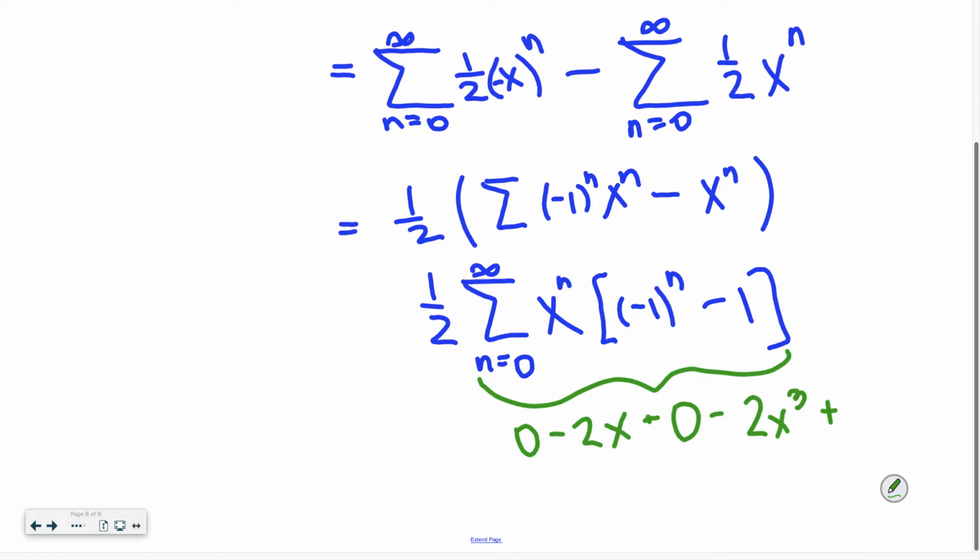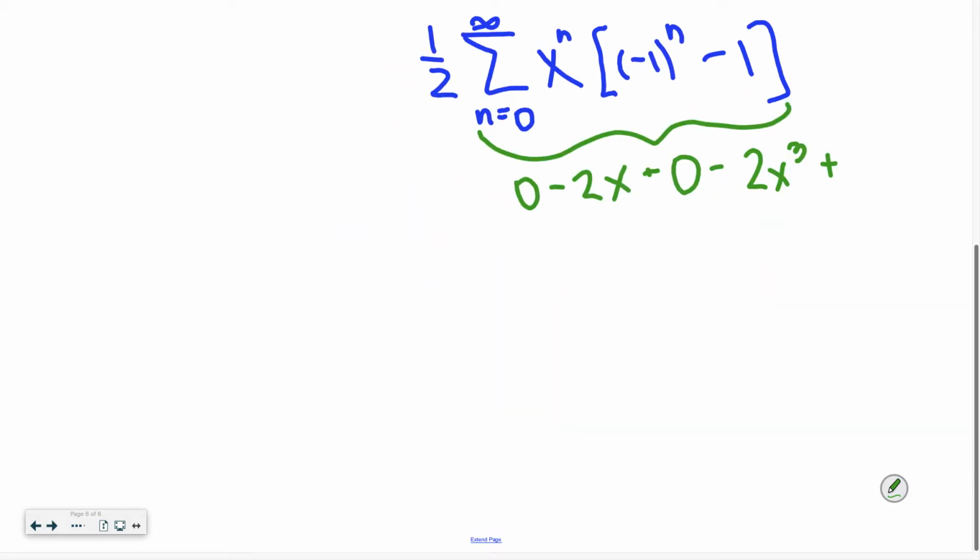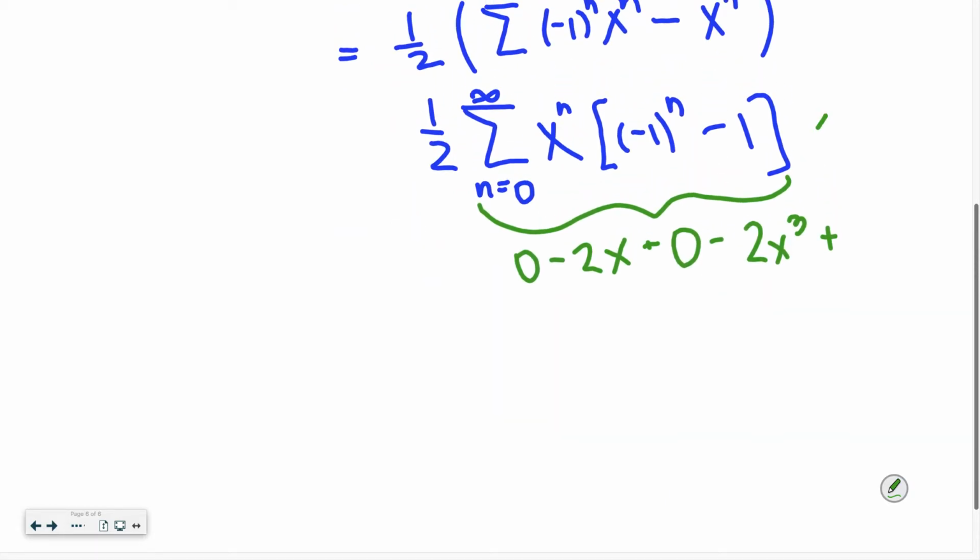Yeah, it's weird. But what if I don't want to observe that? Would it be okay if I left it like that? On a test type situation, this is going to be great.